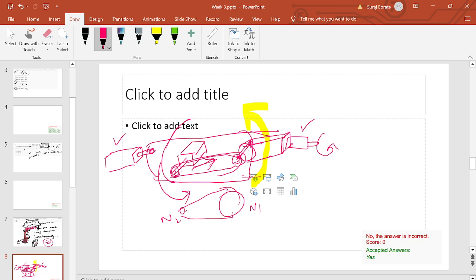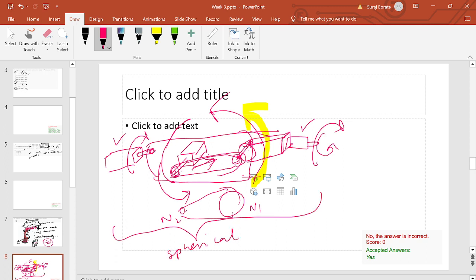So these two will rotate like this, and this motor will rotate in the plane of the screen. This entire thing is called a spherical wrist, with pitch and roll.